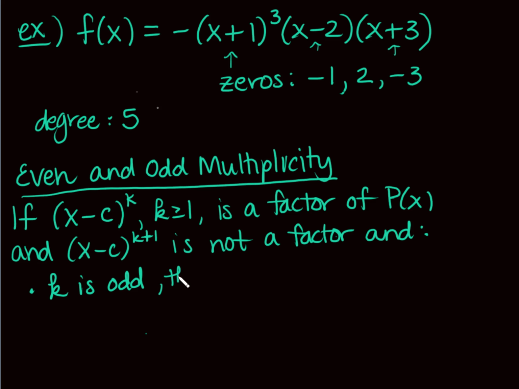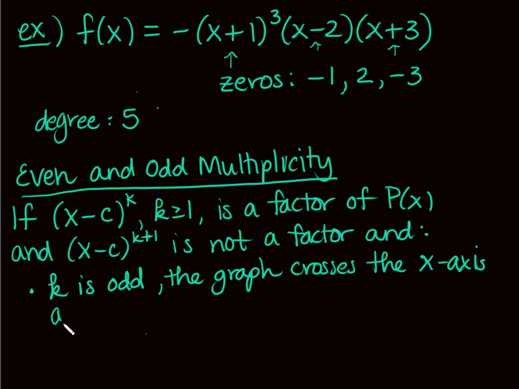Then the graph, and I'm going to show you examples of this, crosses the x-axis at c comma 0. So it's going to cross through the x-axis at c comma 0. Here's the thing though, if k is even, it kind of comes down and kisses the x-axis and then goes back up.